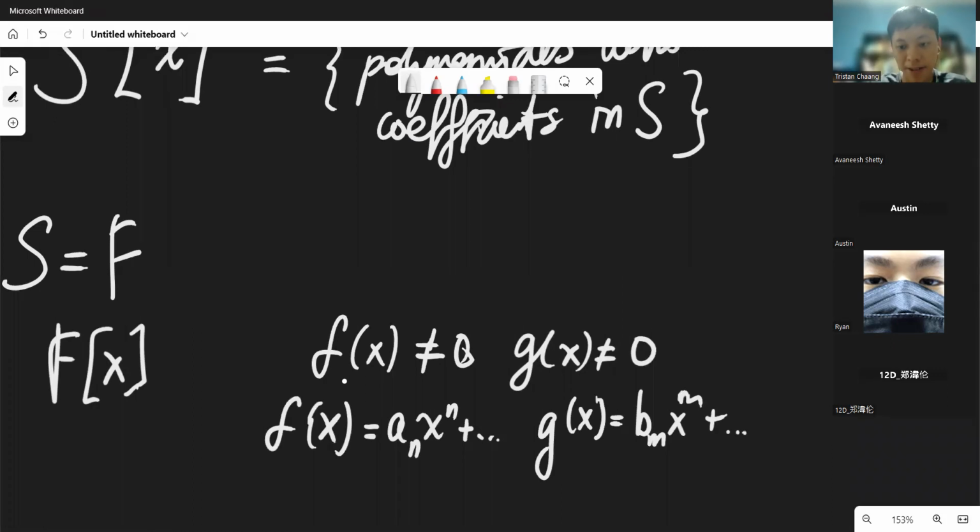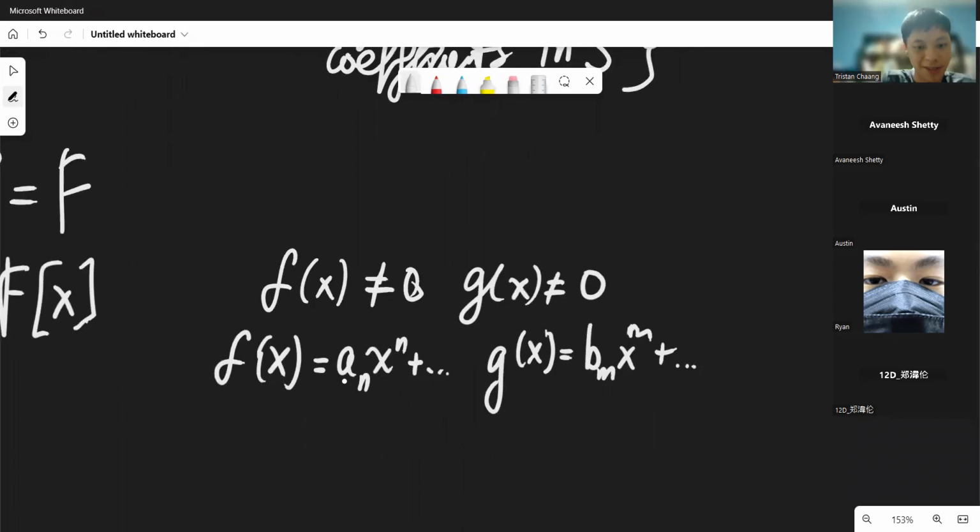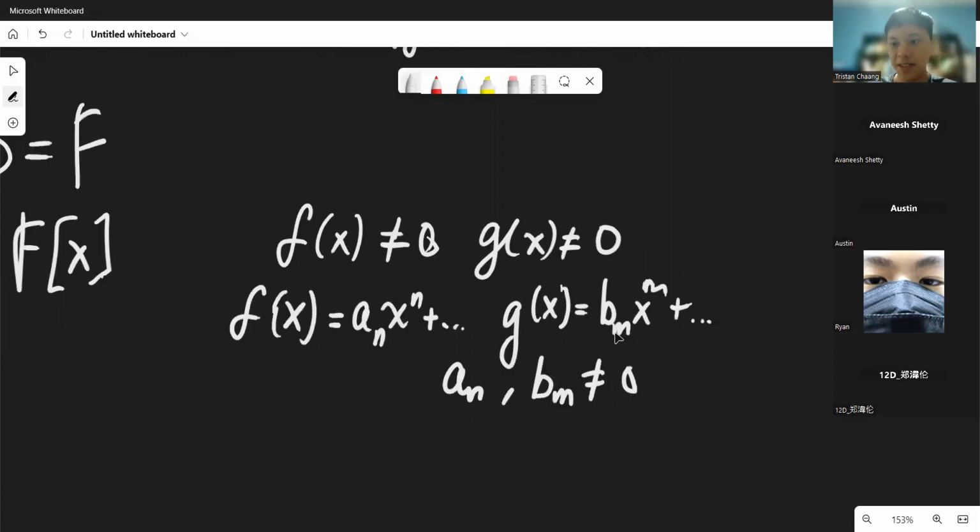By blah blah blah, I mean lower degree terms. And then a_n and b_m are not 0. But n and m can be 0. That's the constant polynomial, right? But these leading coefficients must not be 0. Otherwise, it will be 0 automatically.